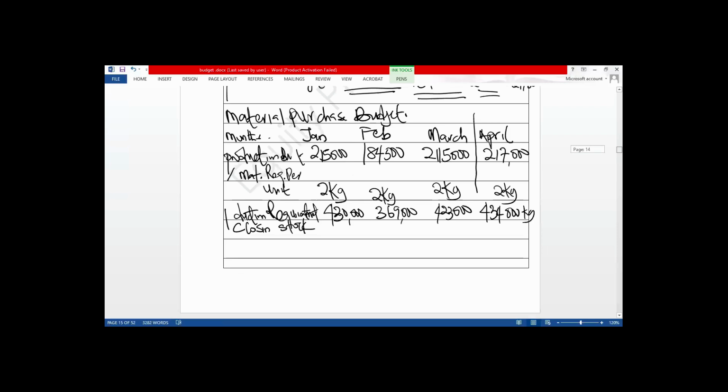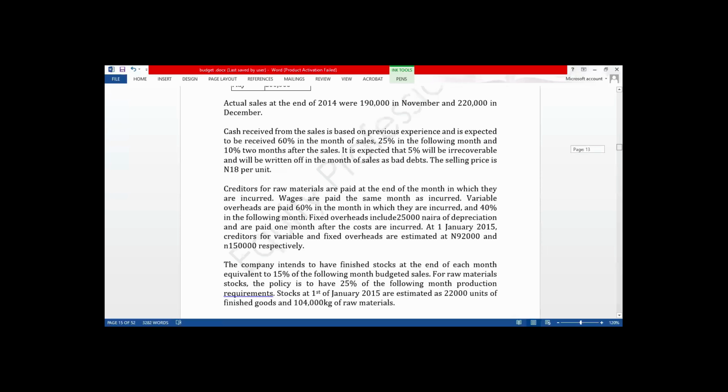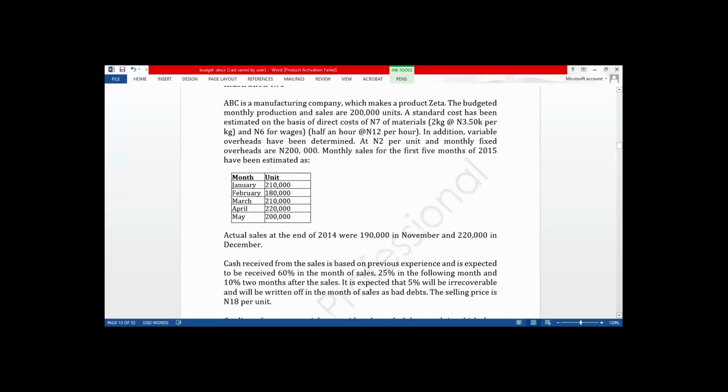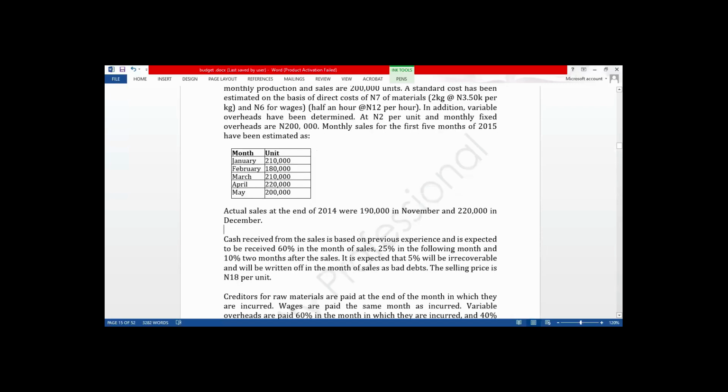Look at the pattern of receipt: 60% in the month of sales, 20% in following months, and 10% 2 months after. That is how cash is collected.